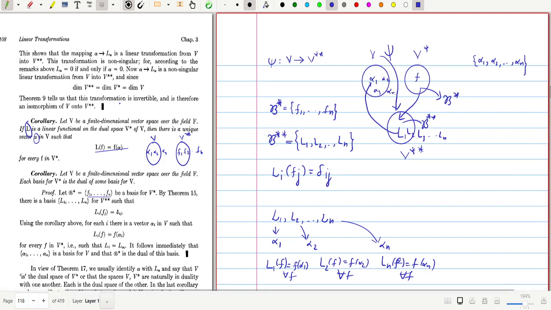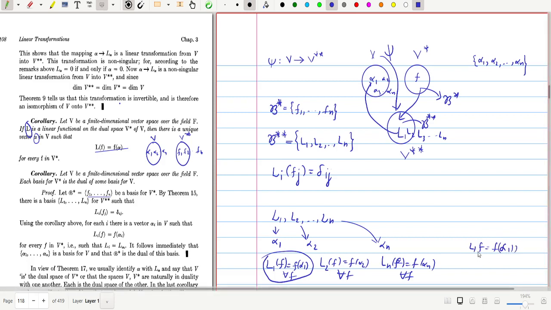such that psi of alpha 1 is equal to L1. What is the translation of these statements? This shows that L1 of f is equal to f of alpha 1. That means L1 can be written as L alpha 1.